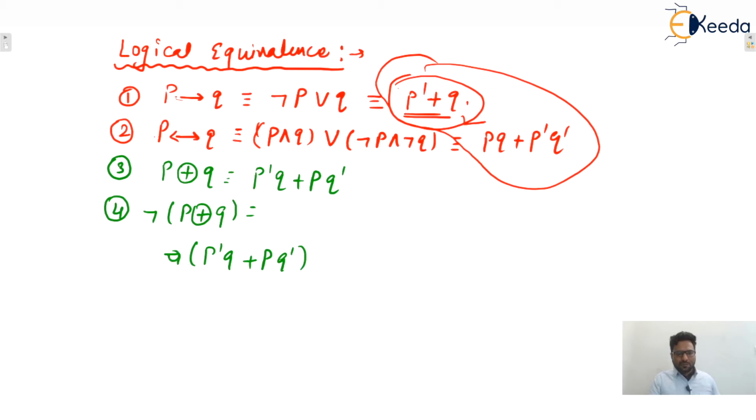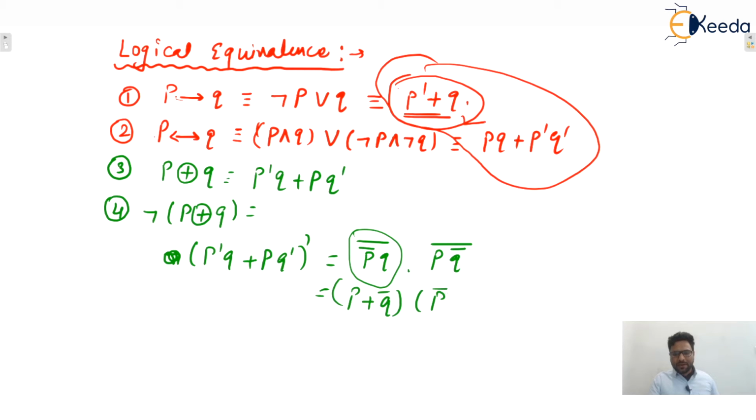In Boolean algebra, negation means complement, whole complement. So we can take the whole complement by using De Morgan's. It becomes (P bar Q) whole bar dot (P Q bar) whole bar, with plus becoming dot. Again apply De Morgan's: this becomes P complement, that is P, Q dash, and this one becomes P dash plus Q. Now simplify this one.